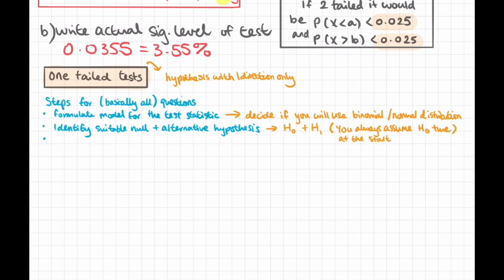I think I'm going to change it to 1, 2, and 3. Part 3 is you have to calculate the probability, so you finally have to do the number crunching.